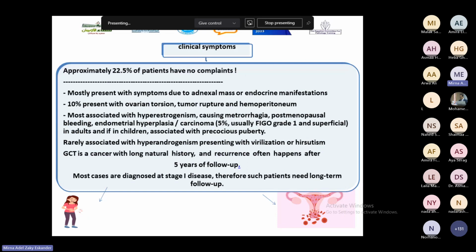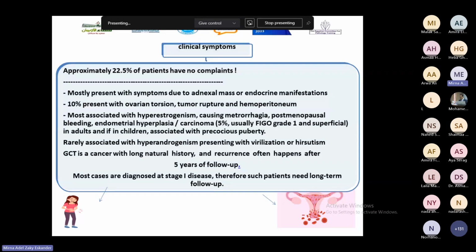So what can our patients present with? Approximately 22.5% of the patients have no complaints, but most present with symptoms due to adnexal mass or endocrine manifestations, and 10% with ovarian torsion and tumor rupture or hemoperitoneum. Most are associated with hyperestrogenism causing metrorrhagia and postmenopausal bleeding, but it is rarely associated with hyperandrogenism presenting with virilization or hirsutism.